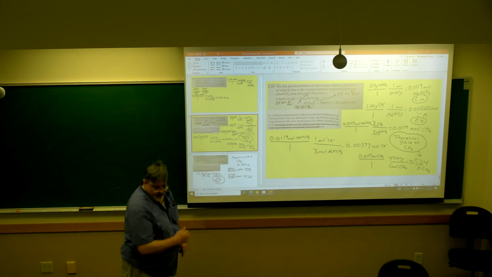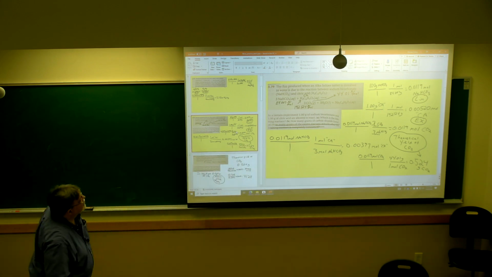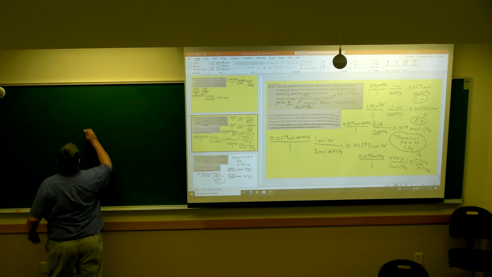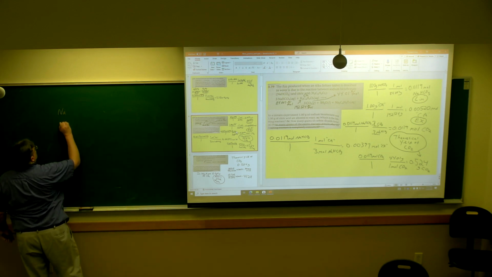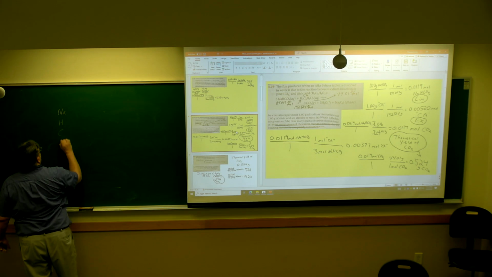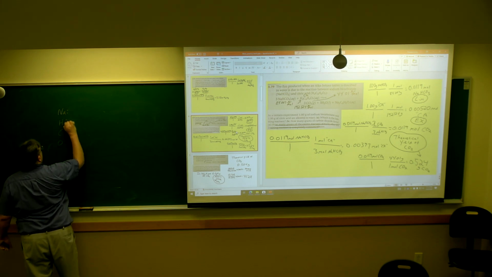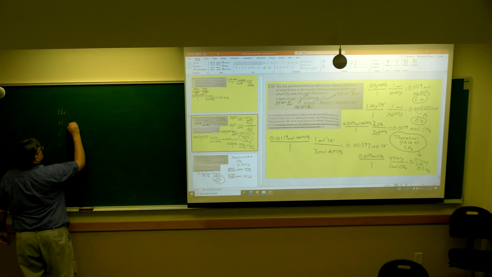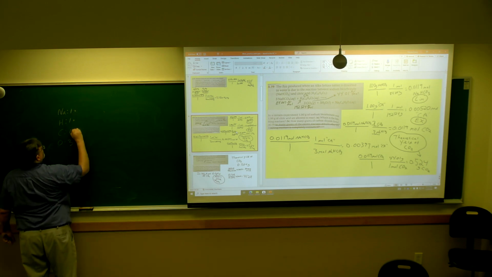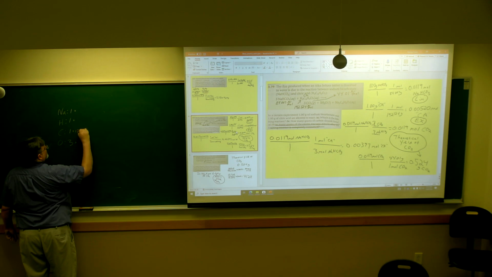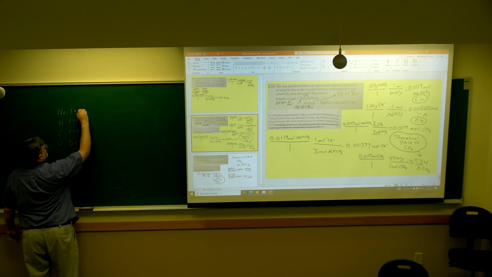I don't show that calculation here, but I got those from one Na, so there's 3 of these and 1 of each of these, times 16, times 12.01, times 1.01.